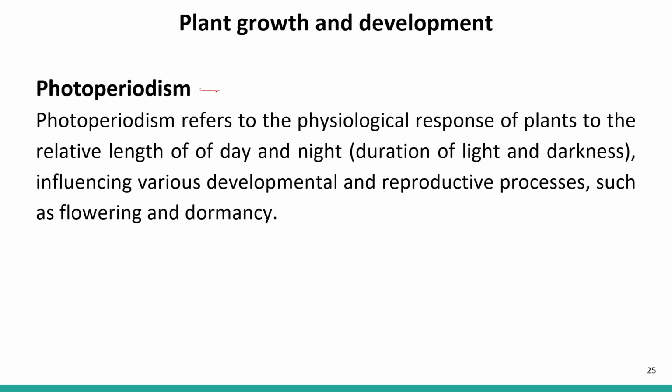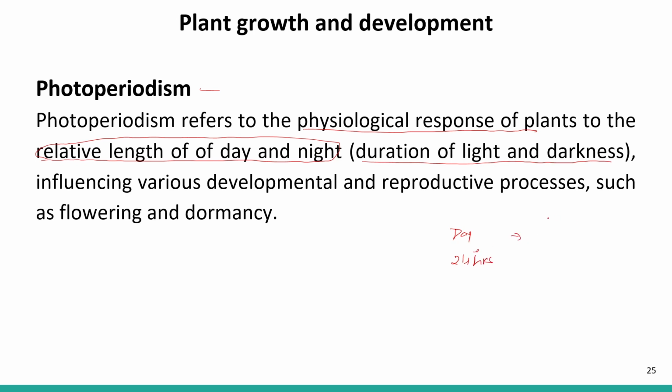Now let's talk about photoperiodism. Photoperiodism is a physiological response of the plant to the relative length of day and night. First you have to remember: relative length of day and night, or you can also say duration of light and darkness. We know a day consists of 24 hours.